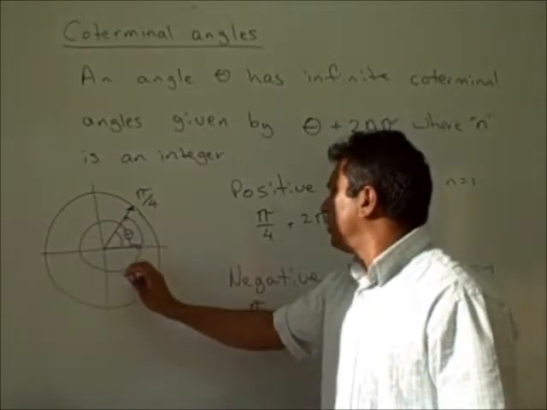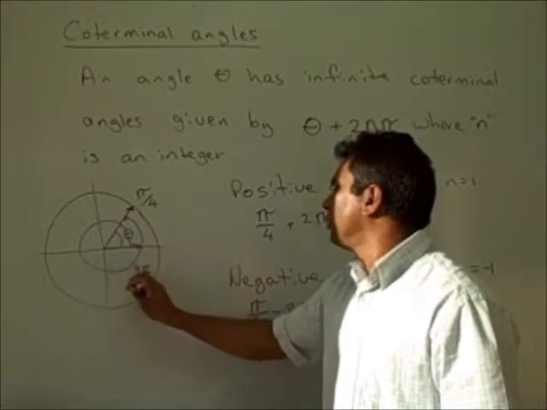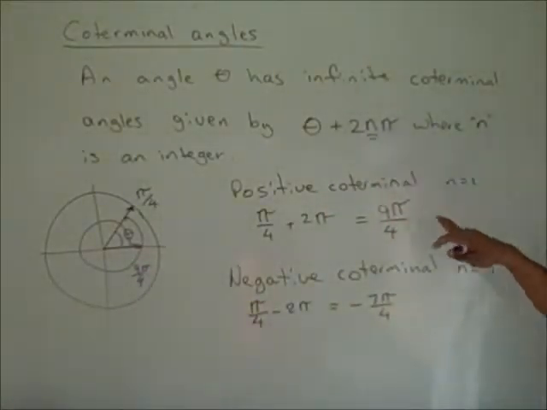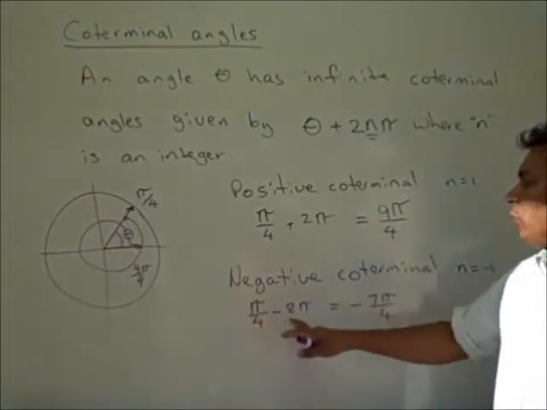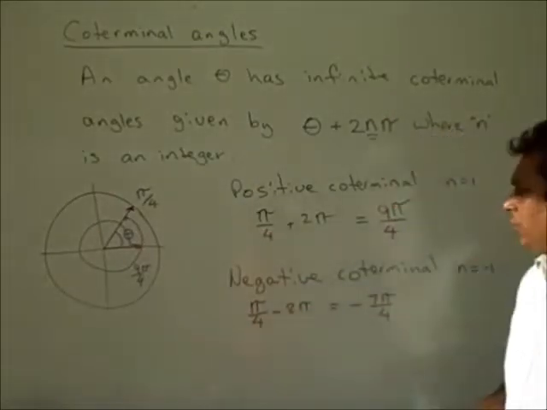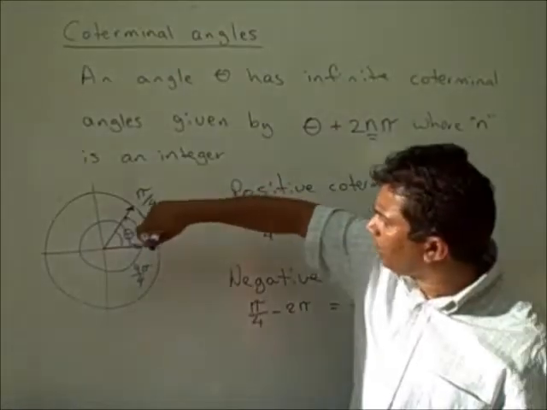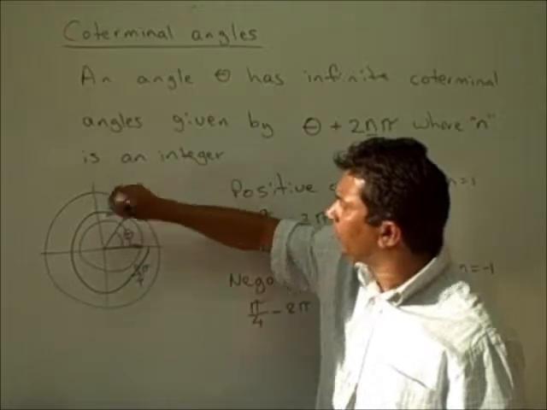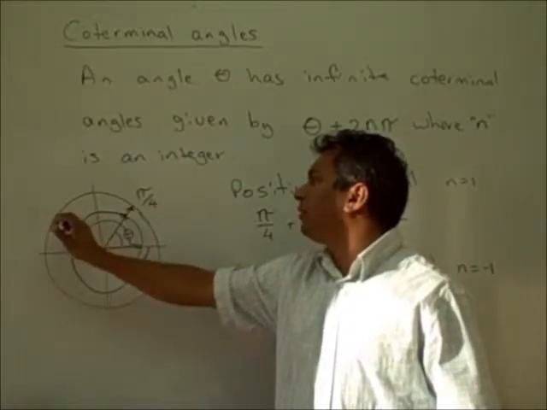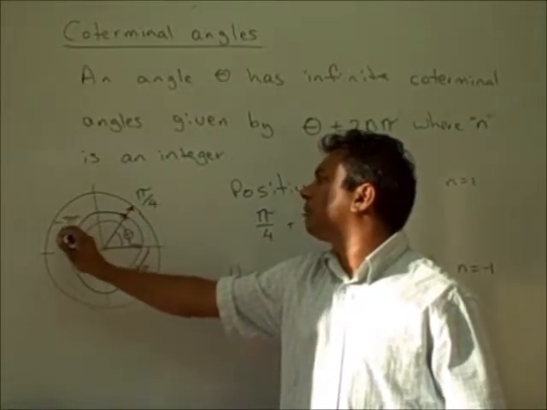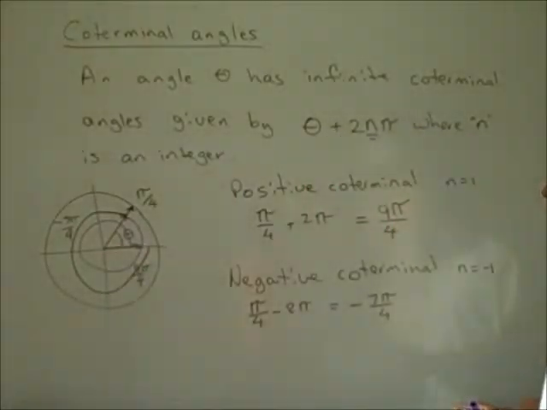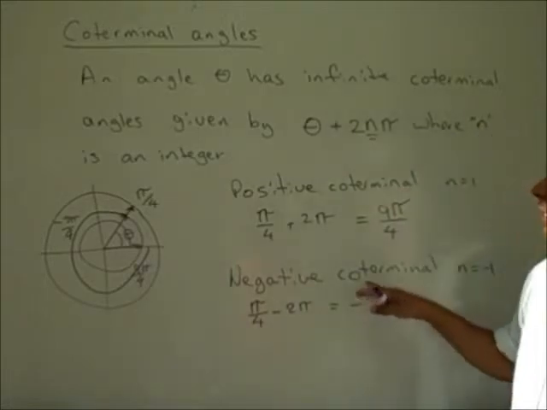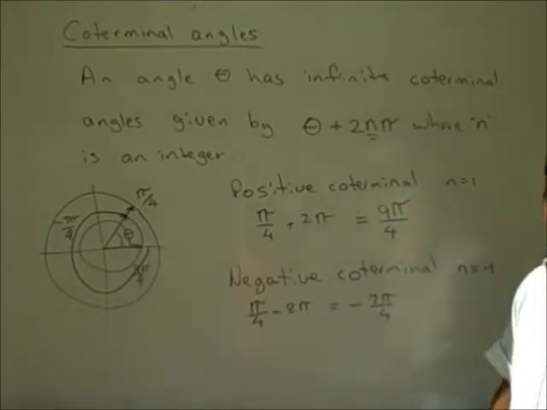To get a negative coterminal, n is equal to negative 1. So it becomes pi over 4 minus 2 pi, going the opposite direction, which gives us negative 7 pi over 4. So here we have two coterminal angles for pi over 4: negative 7 pi over 4, and a positive 9 pi over 4.